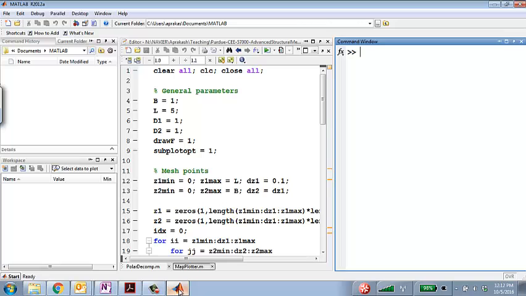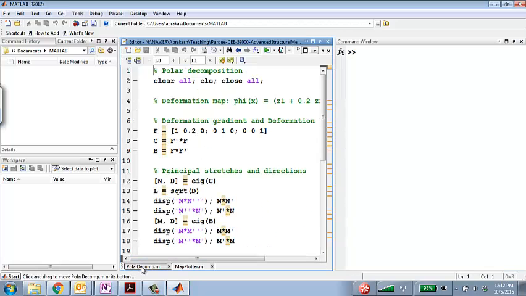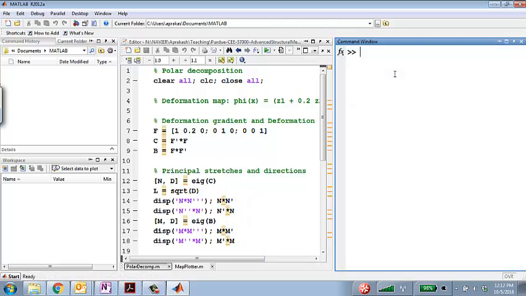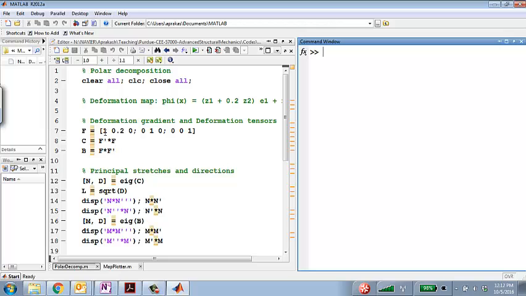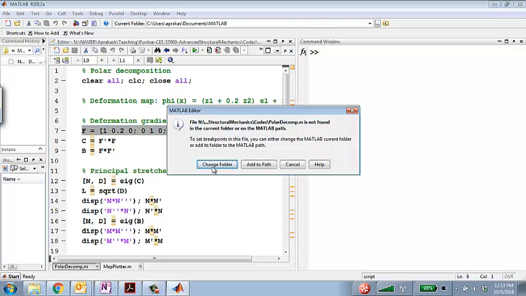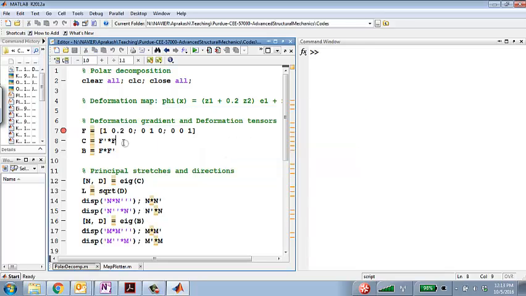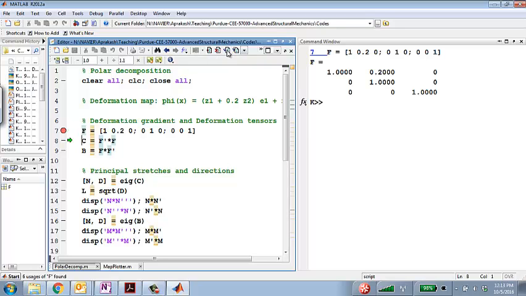Let me open up that code, polar decomposition, right? Okay, let's keep it here. So you can verify, maybe what I'll do is I'll put a breakpoint here, and then I'll run this problem so that we can see one at a time what the output is.